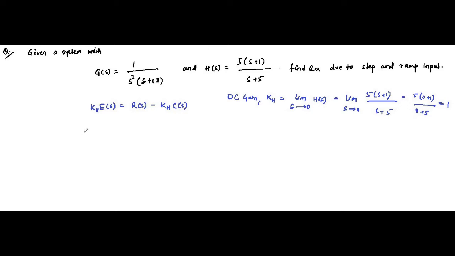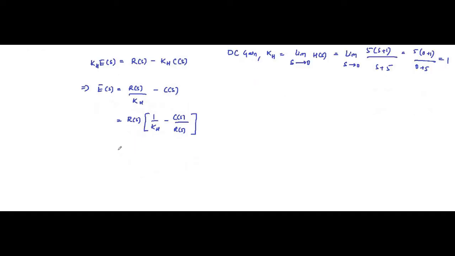If you write the error equation in a better way, it will be E(s) is equal to R(s) by Kh minus C(s). If we take R(s) as common, then it will be R(s) into [1 by Kh minus C(s) by R(s)].